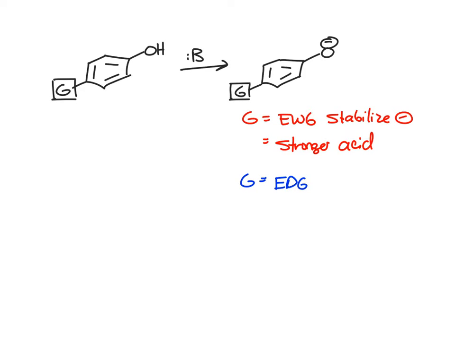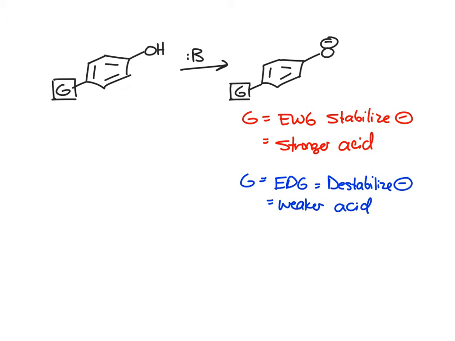If the group is an electron donating group, that's going to destabilize the negative charge, which will make it a weaker acid.